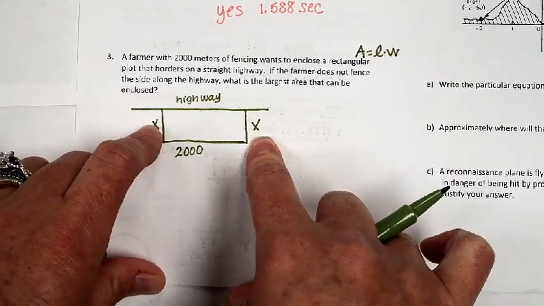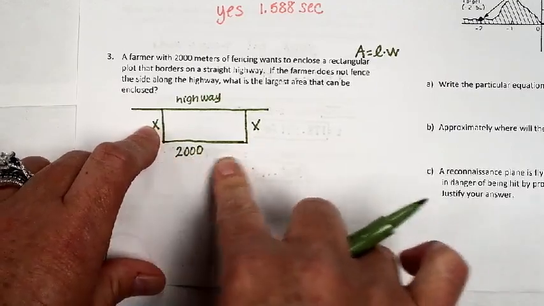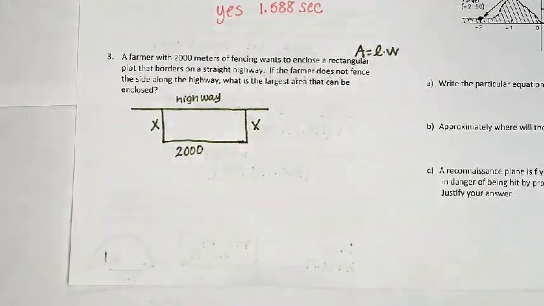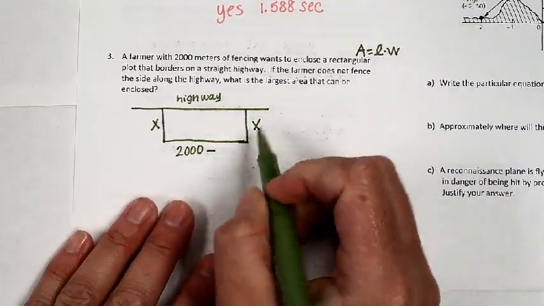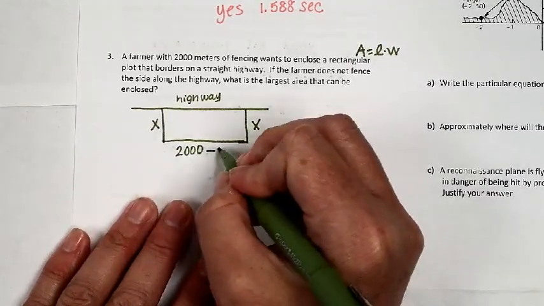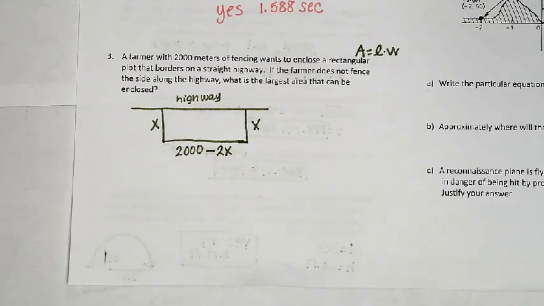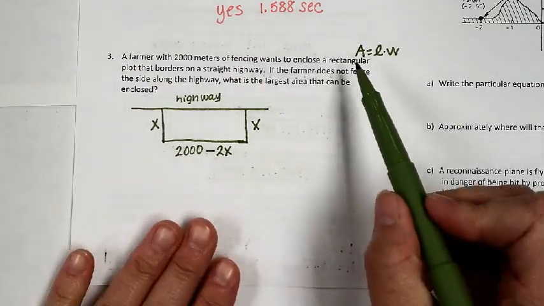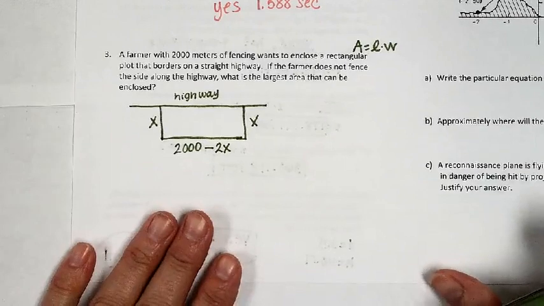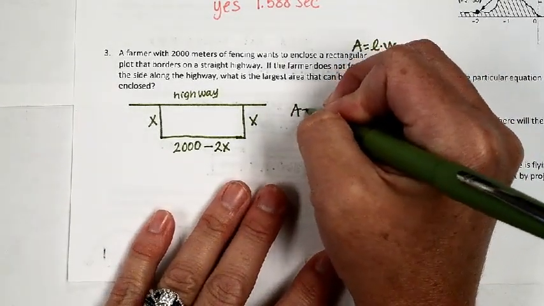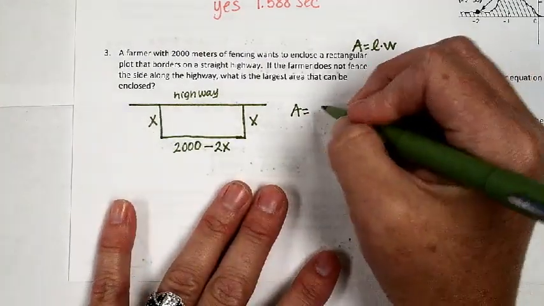I do know that I need to subtract both of them, so x plus x is 2x. Now, formula: area is equal to length times width. So area is equal to x times 2,000 minus 2x.